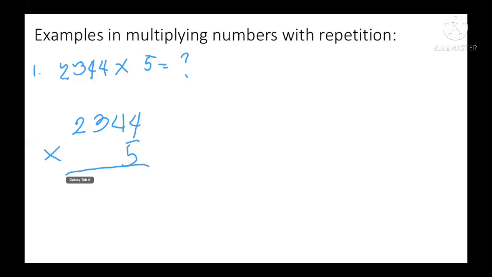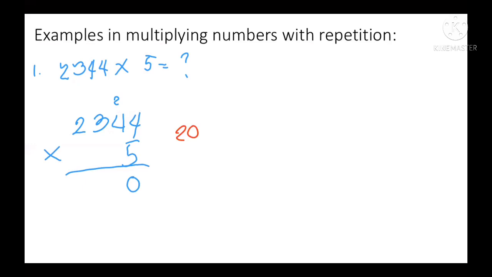Now let's start with the ones place. What is 5 times 4? 5 times 4 is 20. Very good. So again, where do we put 2 and where do we put 0? Yes, 0 will go down here and then the digit 2 will go on the top of the next number. Correct? Okay, next one. 5 times 4 again.